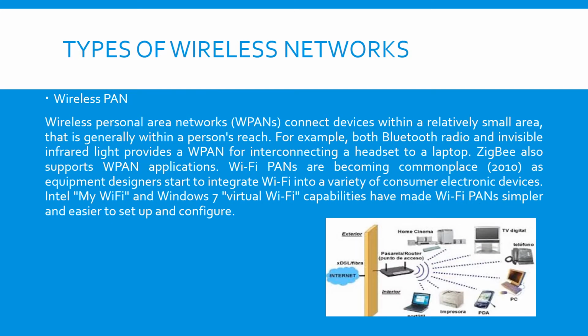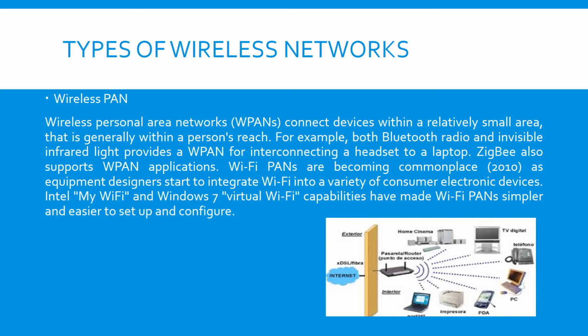Now, types of wireless networks. There are a wide variety of wireless networks. The first variety is wireless PAN. As we can see, we use mobiles, and in mobiles we have a feature known as hotspot.